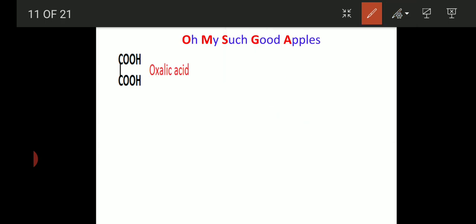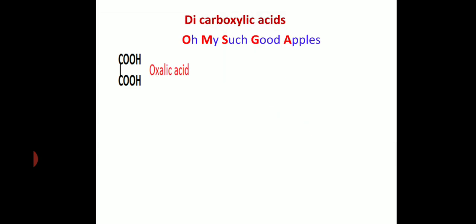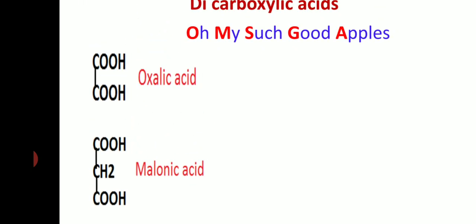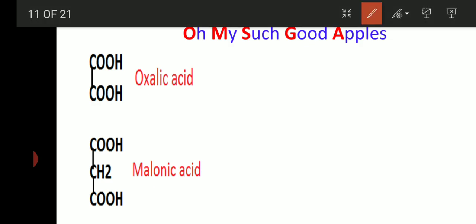Now, the second one is M, for malonic acid. If you observe oxalic acid and malonic acid, what is the change?